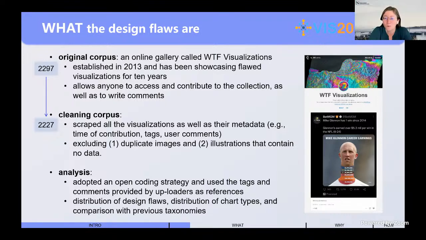Okay, great. I was wondering, it was interesting that you categorized those problems in the charts and how frequently they occurred. I wondered if you could speculate on whether those frequencies represent the frequencies that are out there in the world beyond W2F visualizations, or whether they might be influenced by some charts being more offending and therefore more likely to be uploaded to that site.